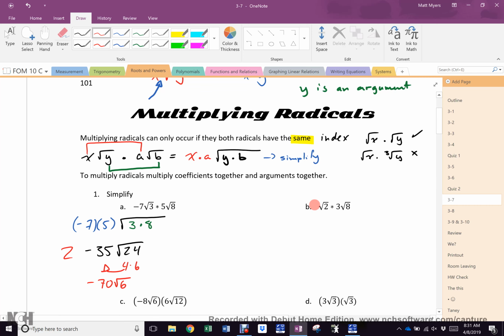Okay. What isn't written there that is there? 1. So I do 1 times 3. What's that? 3 root. What's 2 times 8? 16. Can I simplify 16?